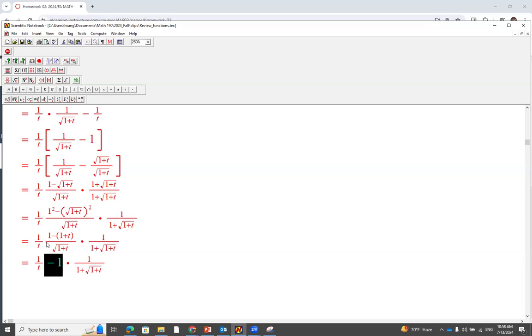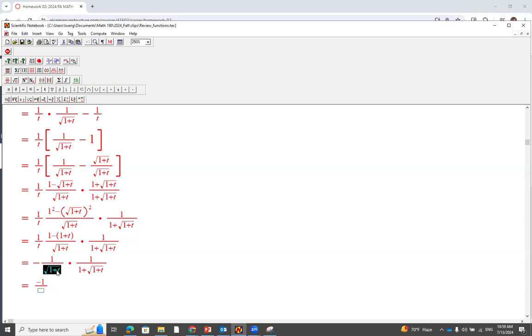Wait, no, sorry. So we got, put it back here, right? So this is a minus t now. Okay, and I put it in the parentheses. And t reduced. And so we have a negative 1, we have a negative sign generated. 1 over 1 is a 1. So in the end, you can write it this way. You can put a negative 1 on the top.